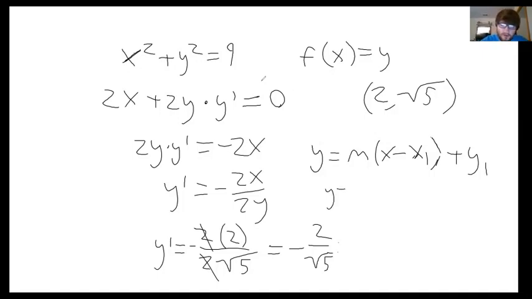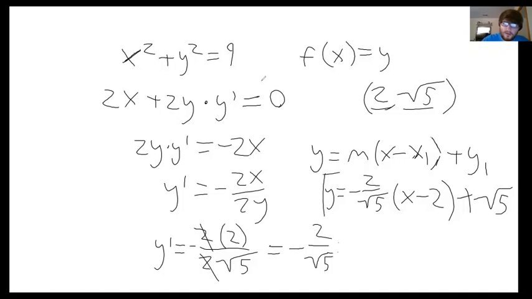So plugging all that in, our slope is negative 2 over square root of 5 times x minus our point's x coordinate, which is 2, plus our y coordinate for that point, which is square root of 5. So that gives us that the tangent line of this function x squared plus y squared equals 9 at the point 2 square root of 5 is y equals negative 2 over square root of 5 times x minus 2 plus square root of 5.